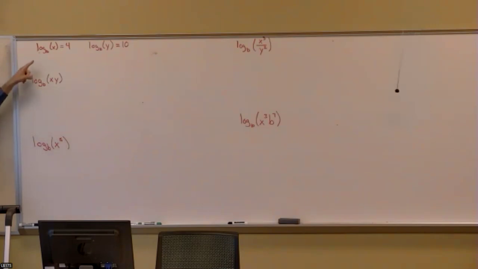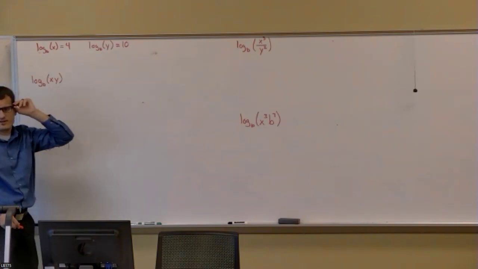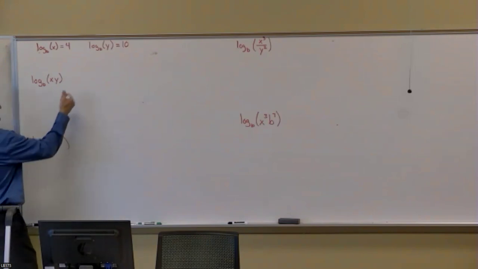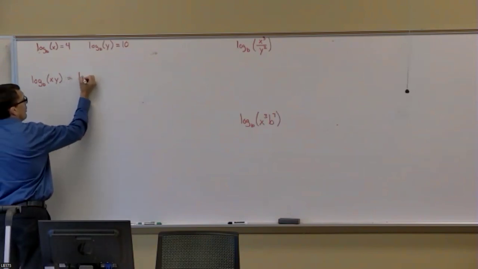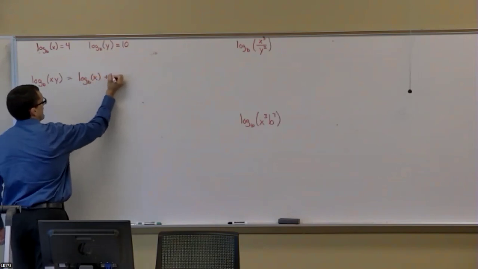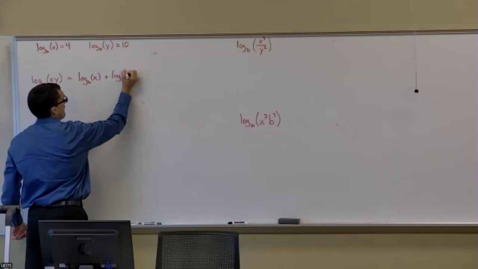So if I know log base b of x is equal to 4 and log base b of y is equal to 10, then I'll be able to calculate log base b of x times y using the product rule. The product rule says if I have x times y inside the argument, then I can take log base b of x and add it to log base b of y.